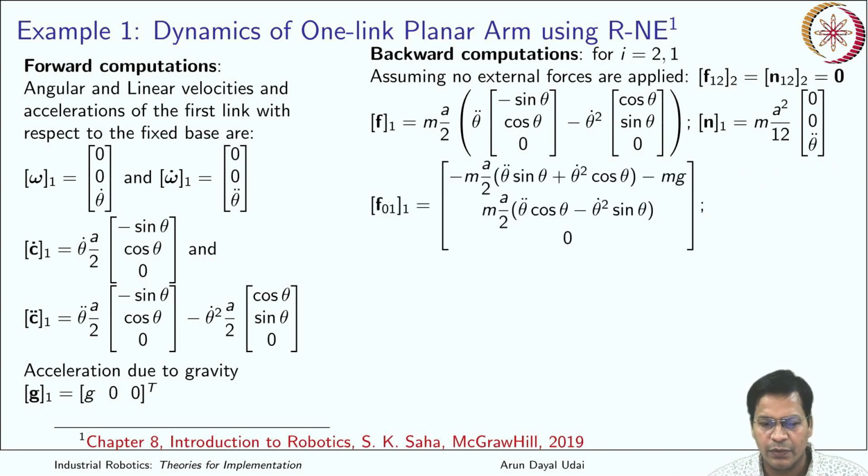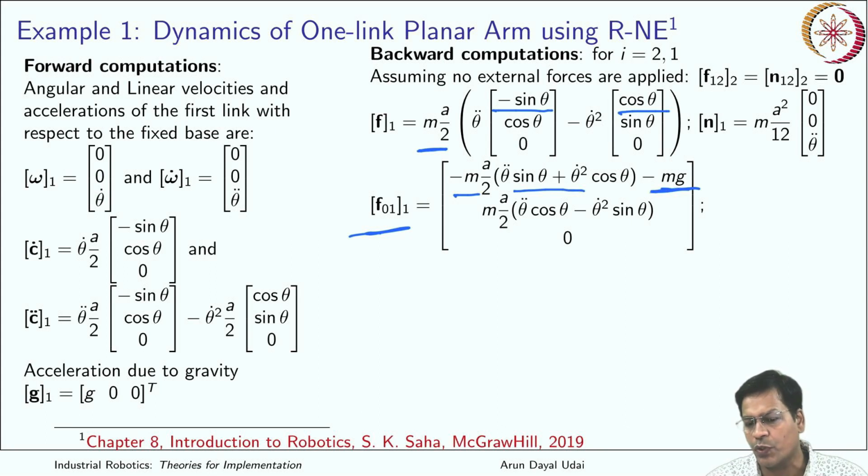Okay, again if you write it in vector format, you can write it like this. So vector f in the first frame can be written as, you just take m a by 2 that comes here with this only. So that goes here, and along x you also see there is a force which is added here.